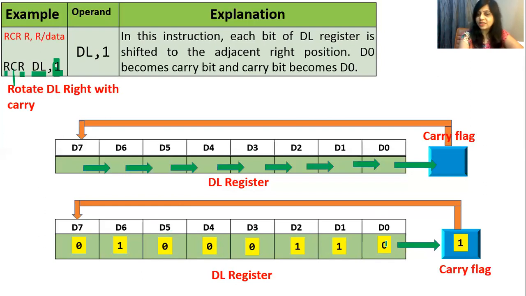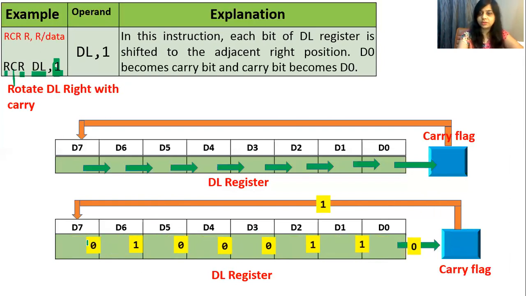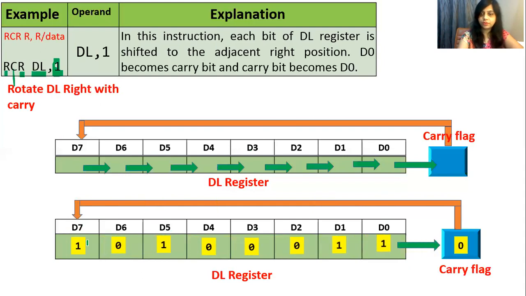After execution of this instruction, this 0 will move over to carry flag and carry flag 1 will go to D7 bit position. Let's see how it happens. Every bit is rotating towards right by 1 bit position. Again, I am showing it. See carefully how bits are rotating towards right.